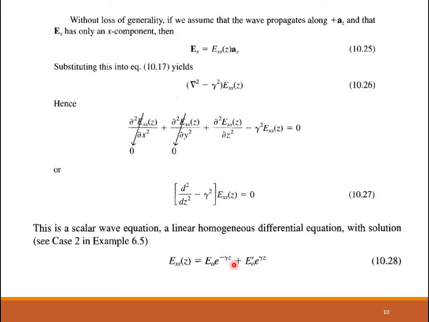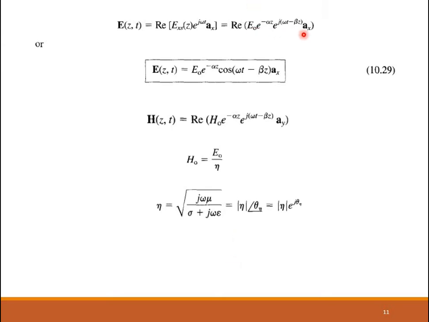Then what happens? I can write it this way, yes or no? E0 e raised to minus alpha z, and then the j terms combine together as e raised to j omega t minus beta z ax. And what is the real part going to be? It is the cos component. That means finally E of zt, that means the equation for the electric field, the final equation is E0 e raised to minus alpha z cos omega t minus beta z ax.